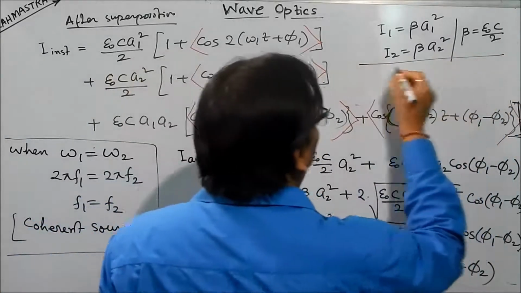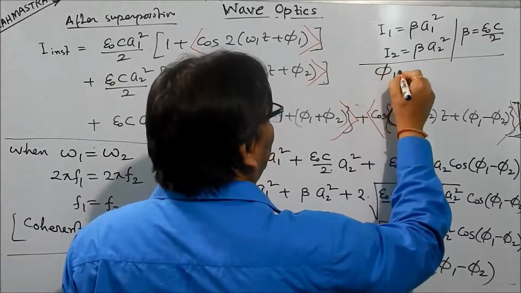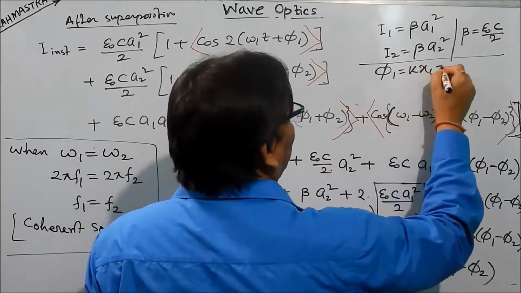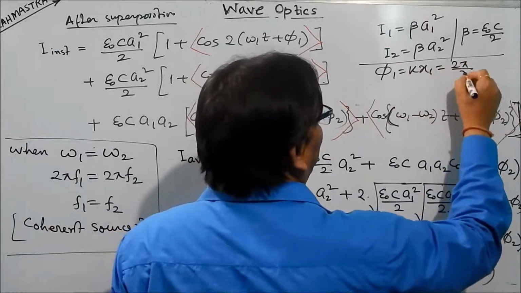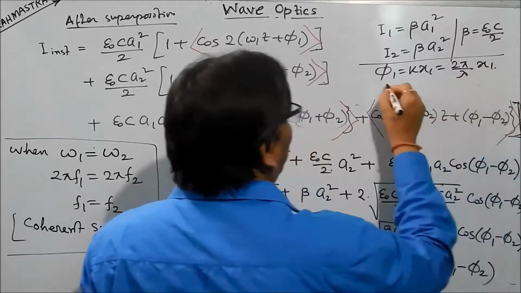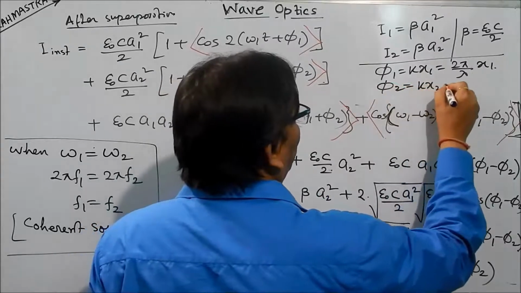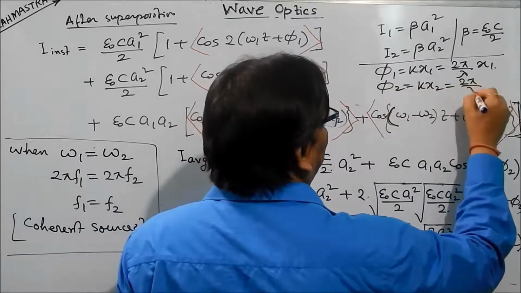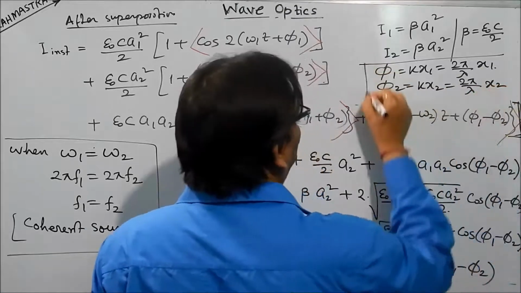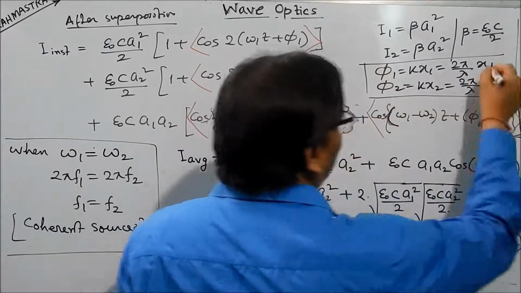phi 1, what we have considered, phi 1 is equal to actually kx1. So this is equal to 2 pi by lambda and x1, and this phi 2 is equal to kx2, which is equal to 2 pi by lambda into x2. So we already had considered those things.